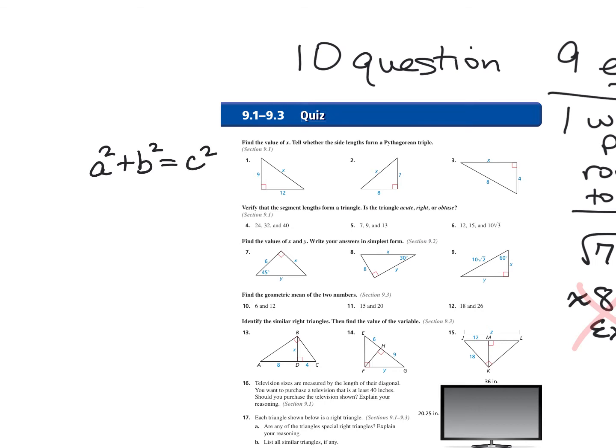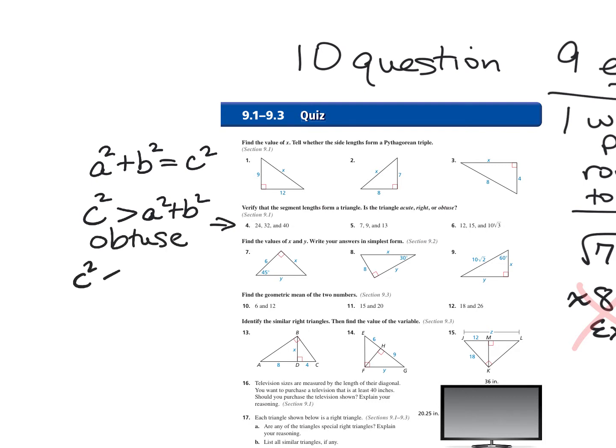Then the next 3 set of questions here, this is where you have to classify the triangle and tell me if it's acute, right, or obtuse. You're still using a variation of this. We're using the Pythagorean inequality theorem, and this is where if c squared is greater than a squared plus b squared, then your triangle is obtuse.